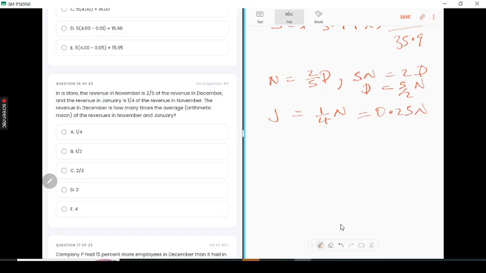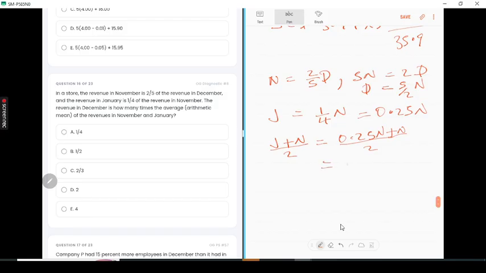The next one is we find the average of January and November, which is J plus n divided by 2. For J now is 0.25, so 0.25 plus n divided by 2. Oh, that's a mistake there. Let me correct it. The mistake is that we need to put n here plus n.